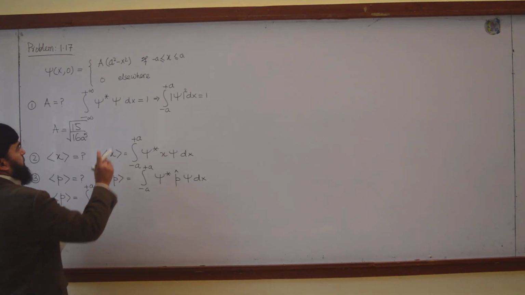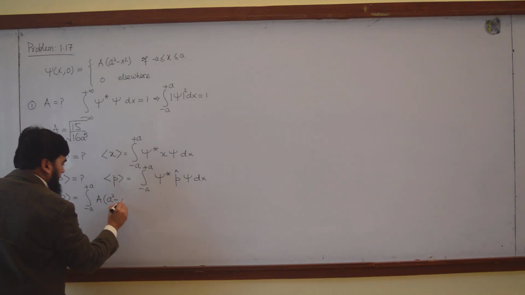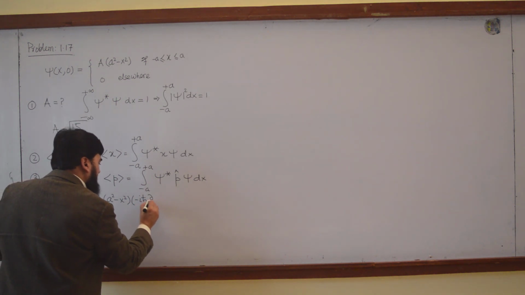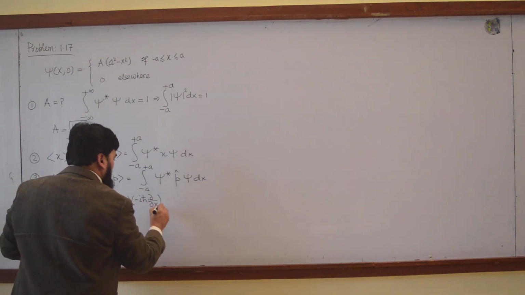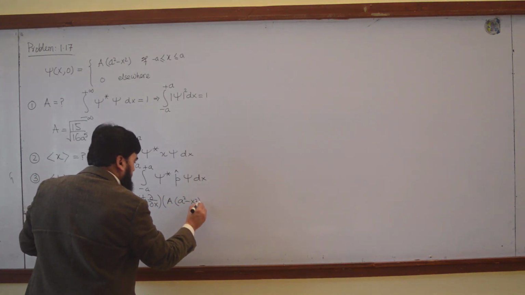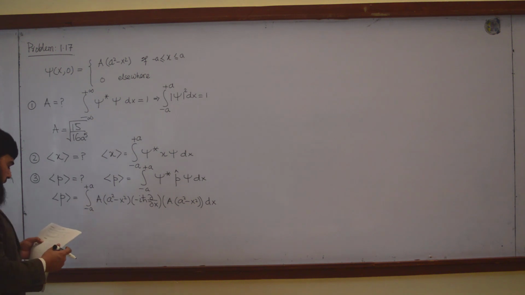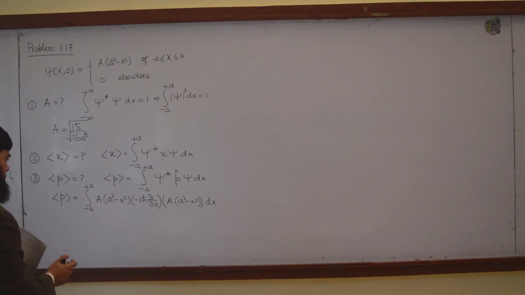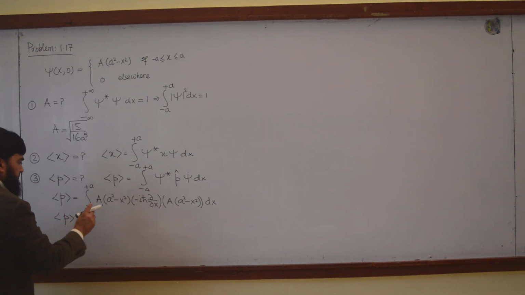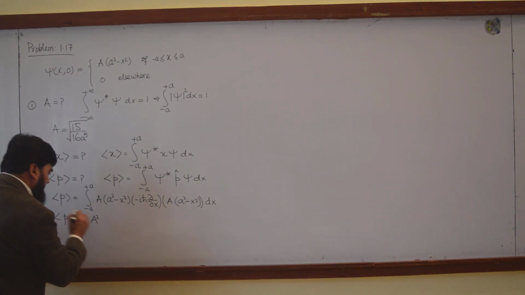Psi conjugate will be the same, a into a square minus x square, and then p is minus i h bar curly d over curly d x, and psi is a into a square minus x square, dx. It's a very simple integral, you can very easily solve this one. So let's start here. This one will become a and a, so this will become a squared.